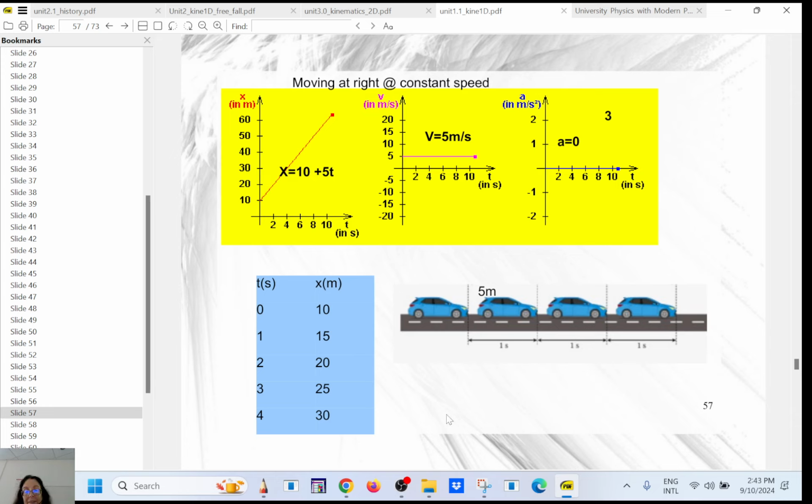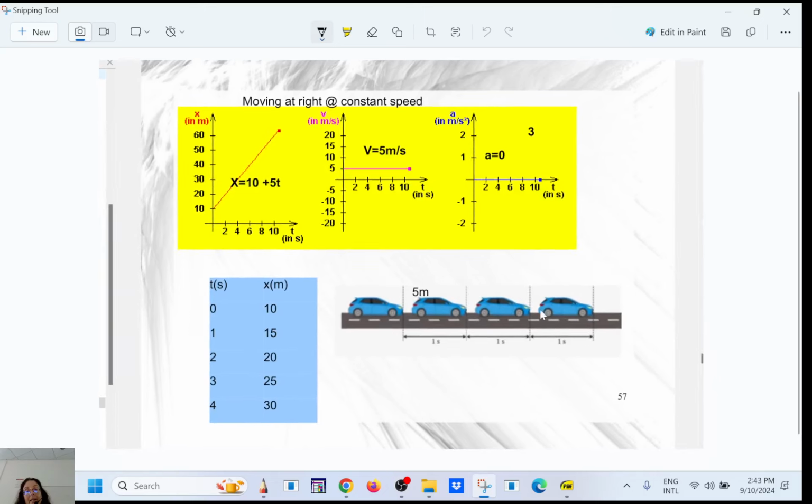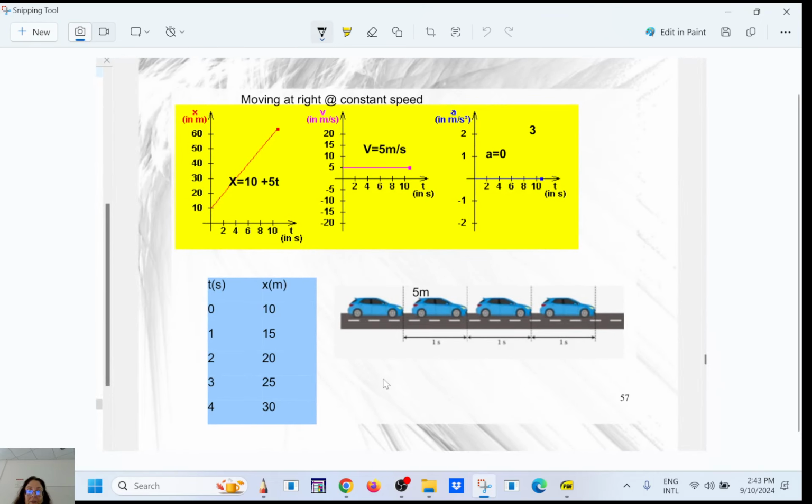Okay, again. I want to make sure that you understand. Okay, so we have the number line here. So what's happening here? Do we have an acceleration? No. Do we have a velocity? Yes. So if I start here, okay, we have to be careful here because I'm going to put my 0.